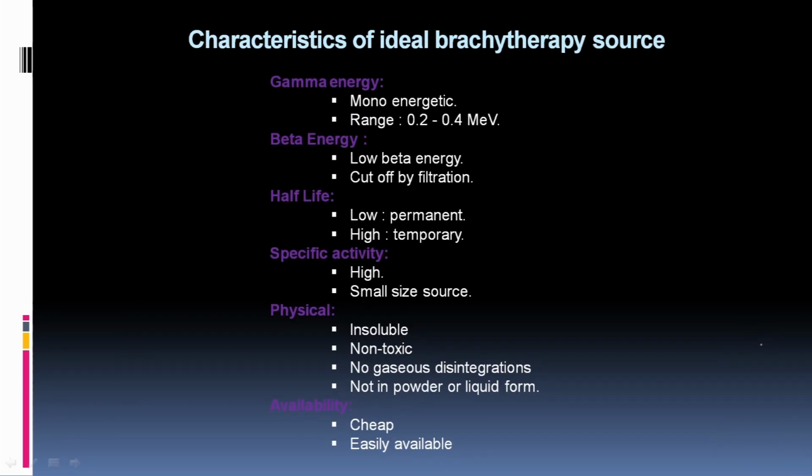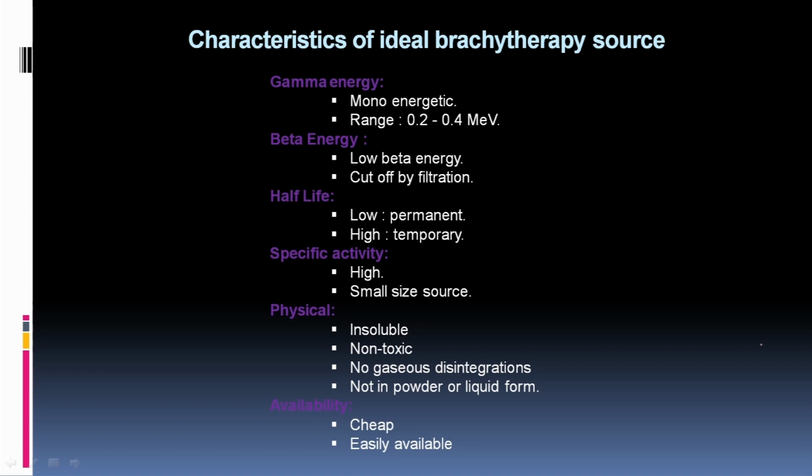Now, considering the brachytherapy sources, first we have to define the characteristics of an ideal brachytherapy source. These are some points we need to remember: what should be the characteristics or properties of an ideal brachytherapy source.